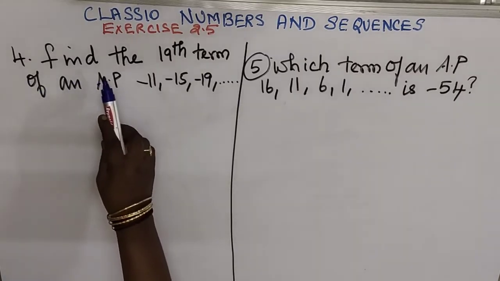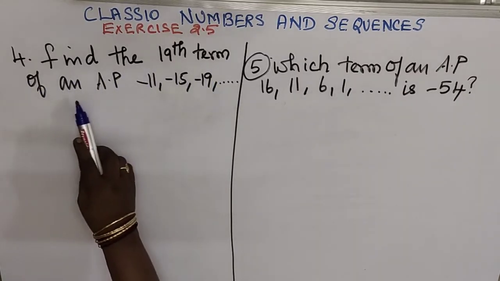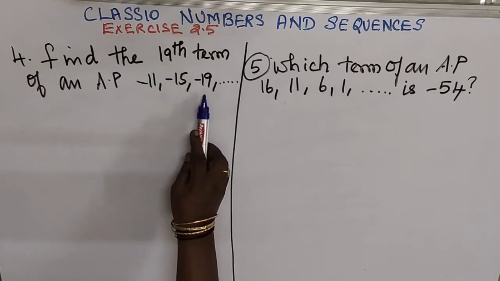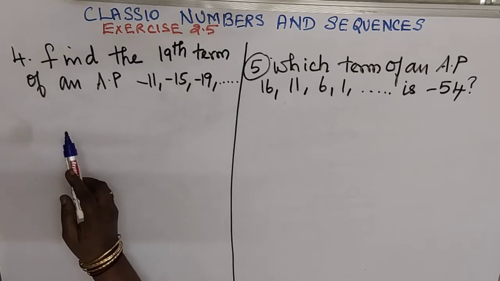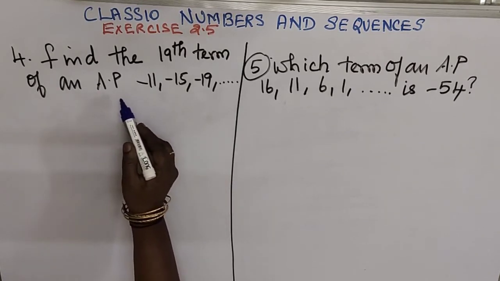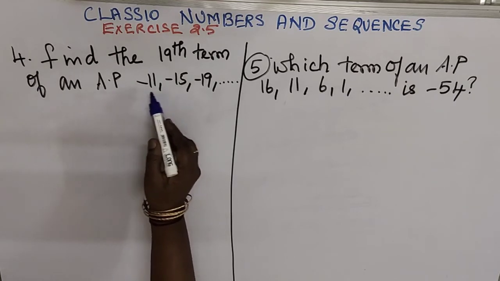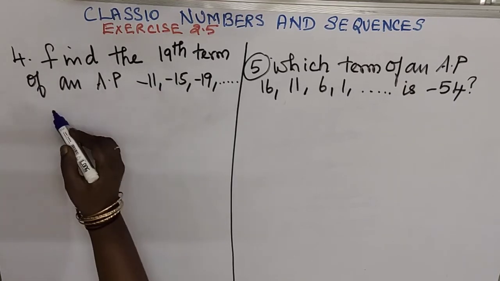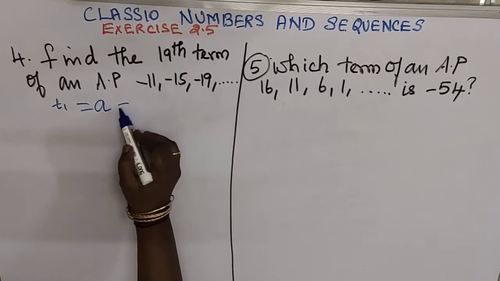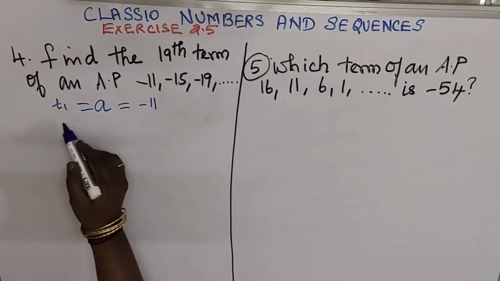Fourth sum, find the 19th term of an AP, minus 11, minus 15, minus 19, etc. Here from this sequence, that means this is an AP. So AP means surely the difference will be common. The first term T1, that is nothing but a, is given as minus 11.